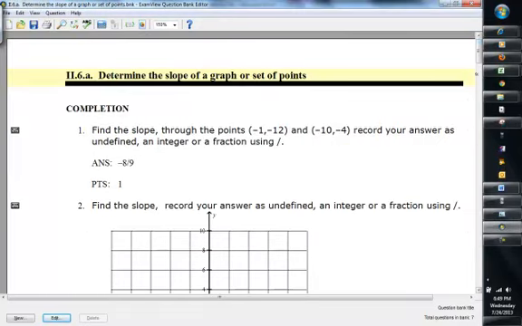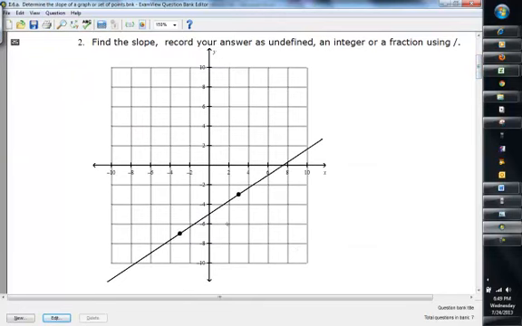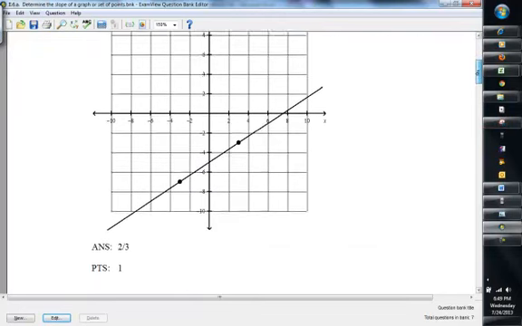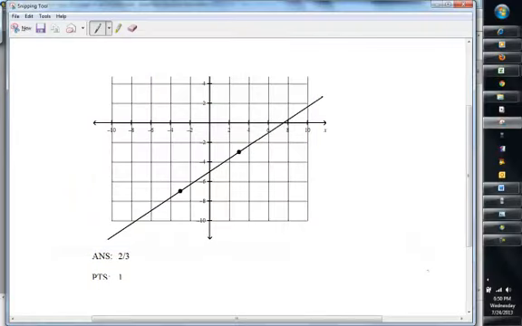Let's look at the next one. Okay, the slope is the change in y over the change in x.